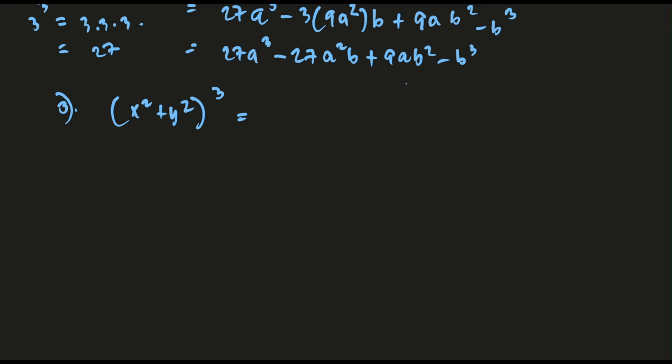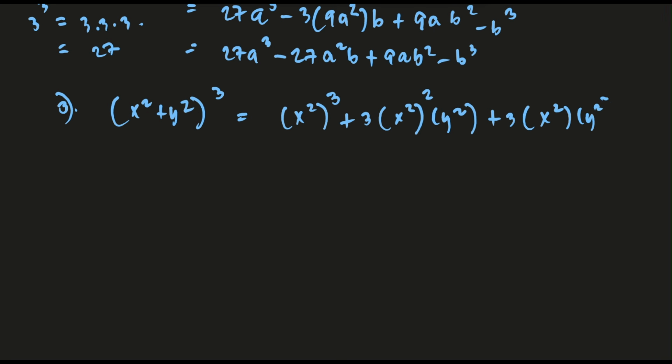Repeating the pattern, we have cube the first term, okay, plus thrice the product of the first term and the second term, x squared times y squared, but you have to square the first term, plus thrice the product again of the first term and then the second term, but you have to square the second term, and lastly you're going to cube the second term. Second term is y squared.